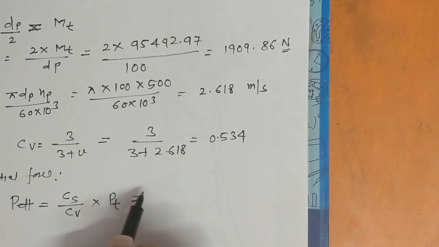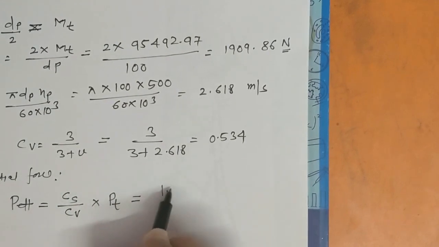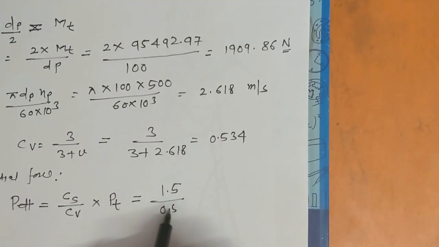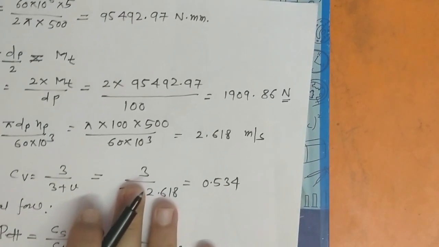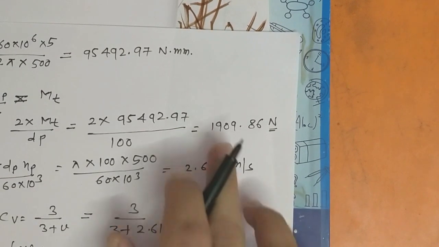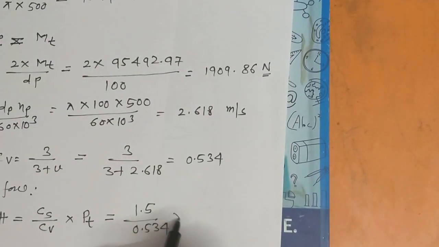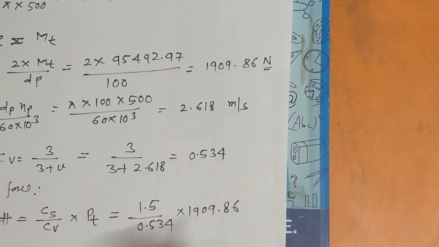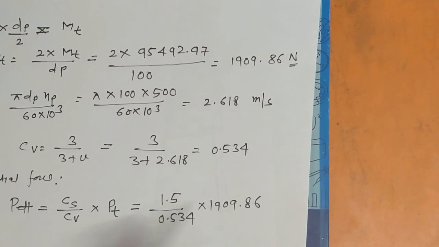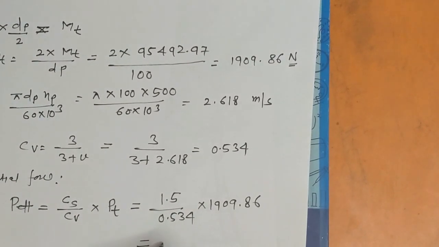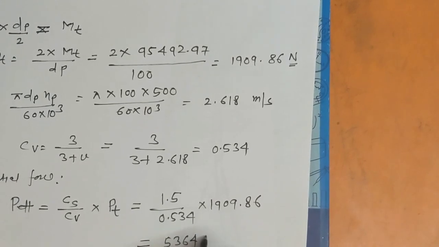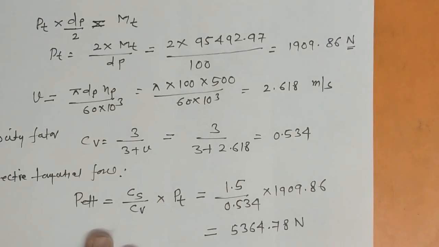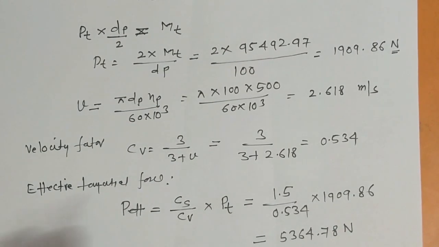The service factor is given in the numerical as 1.5, the velocity factor we calculated as 0.534, and PT from rated torque we calculated as 1909.86. So P effective becomes 5364.78 Newton.